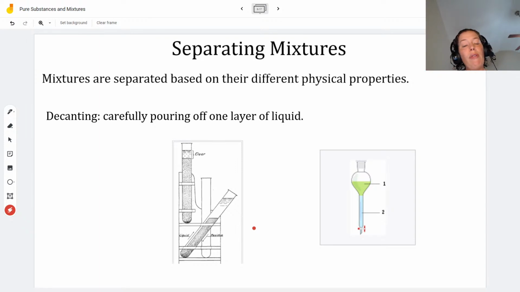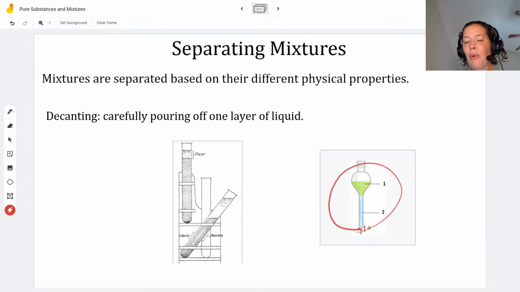You could pour the oil off. One thing I did want to point out is this cool little piece of glassware called a separatory funnel, sometimes called just a sep funnel. It's a great way to separate two liquids that do not dissolve in each other. We say they are not miscible if they form layers. Instead of pouring off the top, you've got a little valve here that you can open and close, and you can allow the bottom layer to come through.